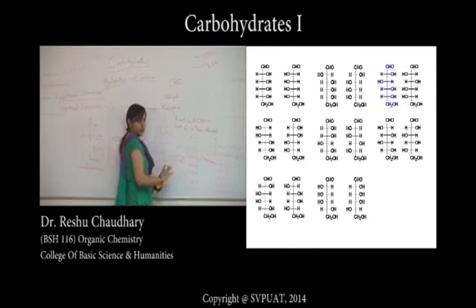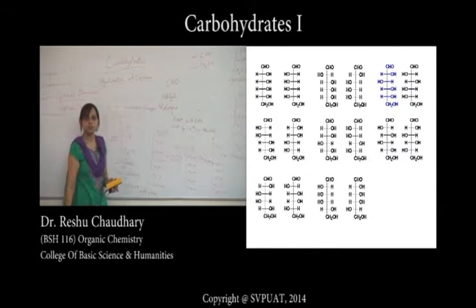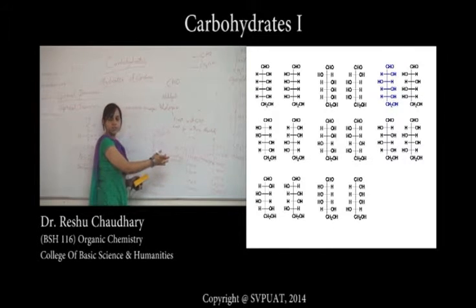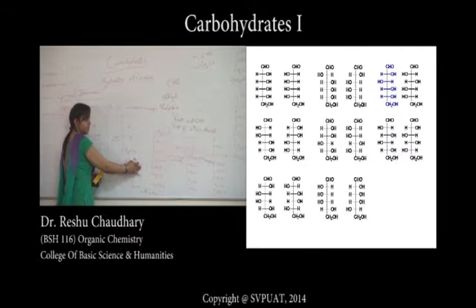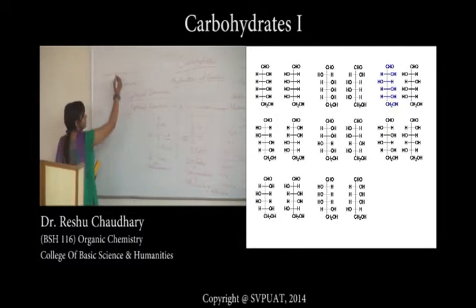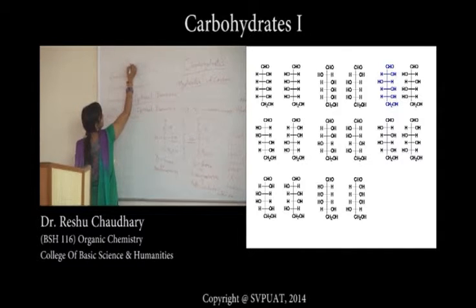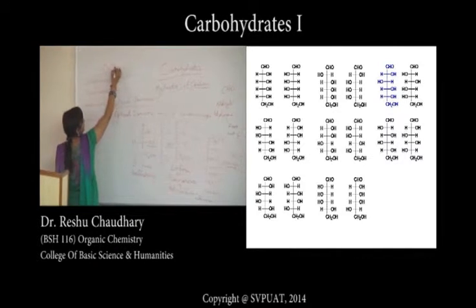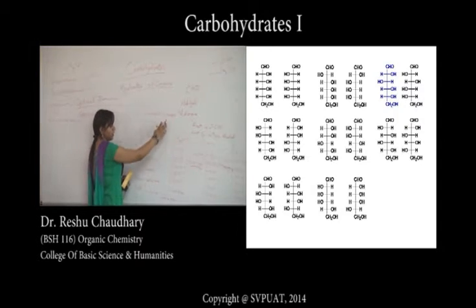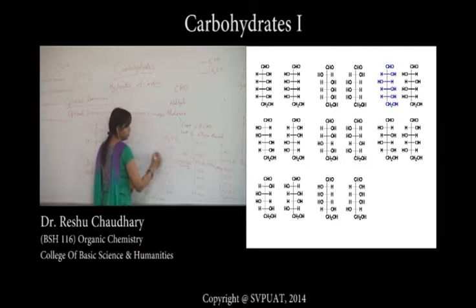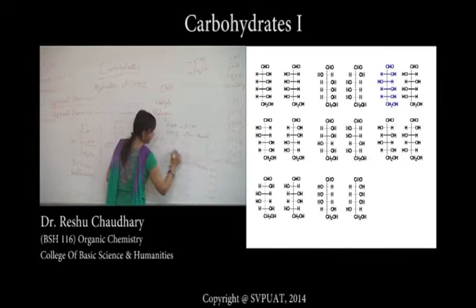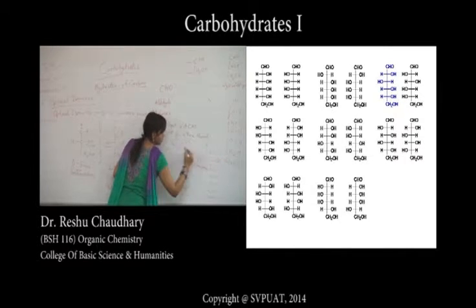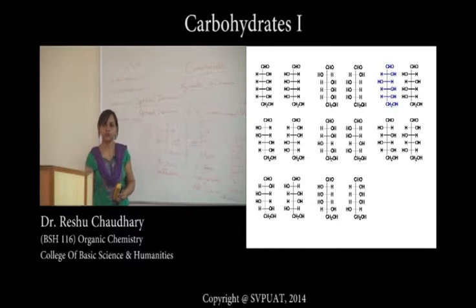The difference is only in structural formula, not in empirical formula or general formula. In all three, the formula is C6H12O6. But the difference in structural formula is the functional group, and in stereoisomers, the position of the functional group.